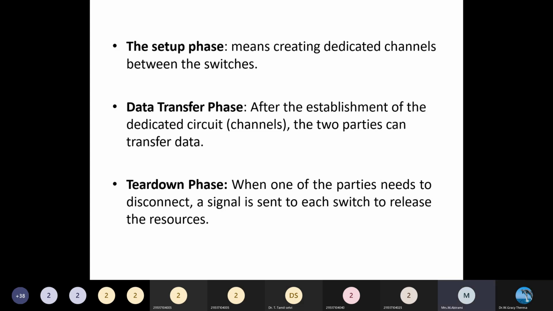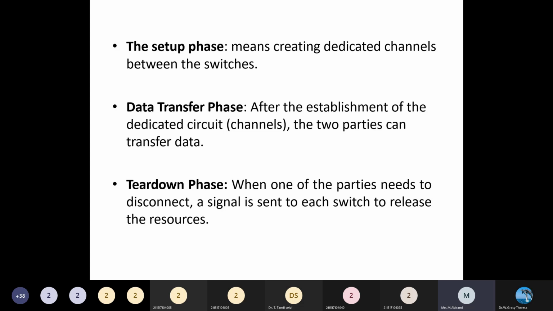There is the setup phase, the data transfer phase and the teardown phase. The amount of data transfer depends on host A to host B. It is over the circuit switched network that uses time division multiplexing. The bit rate is represented in megabytes per second, and how many circuit switches are established within a time.